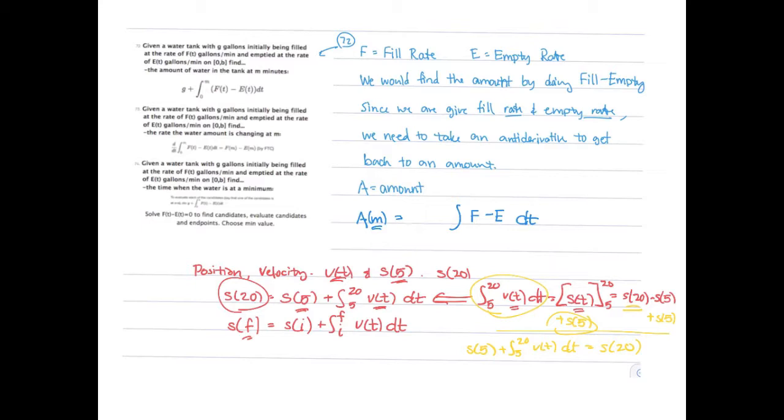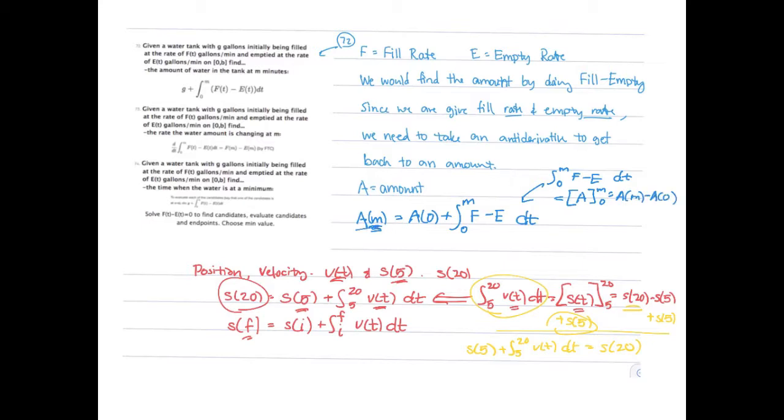So let's apply that same logic up here. If I want to find A of M, and I'm going from 0 to M, then I must think about the amount at time 0, because the integral from 0 to M of F minus E dt is going to be the antiderivative of F minus E, which is the amount we have from 0 to M, A of M minus A of 0.